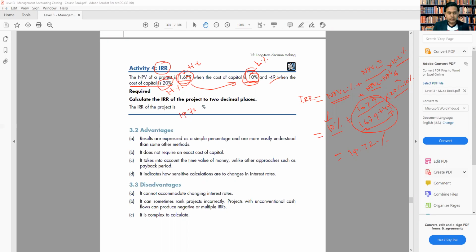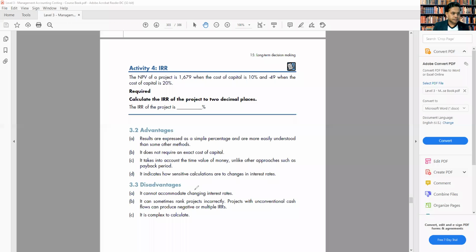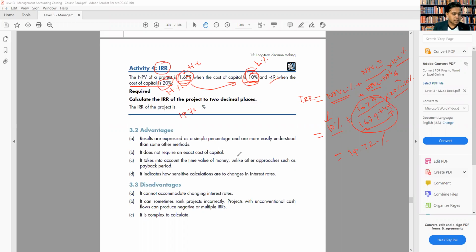All right, so let's move on. Which one, Michelle? You mean this 19.72%, you didn't get this? As I said, you have to do that.